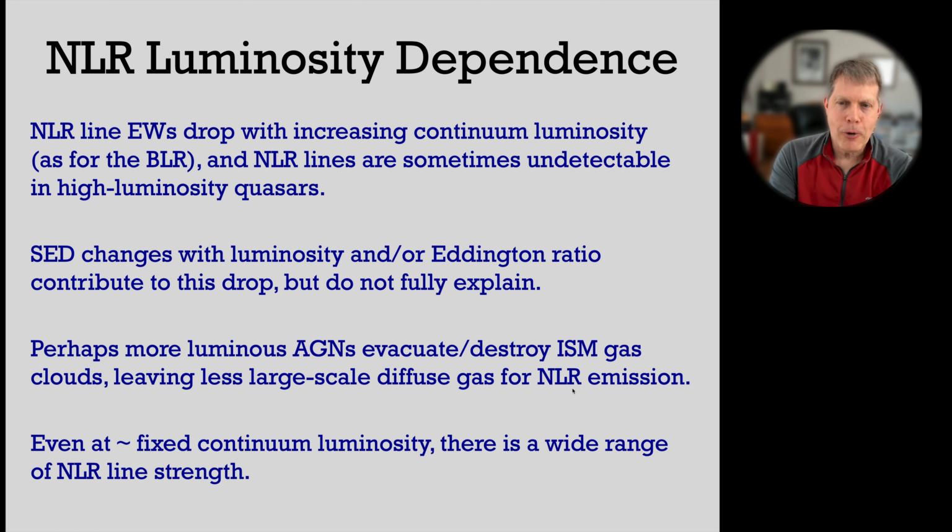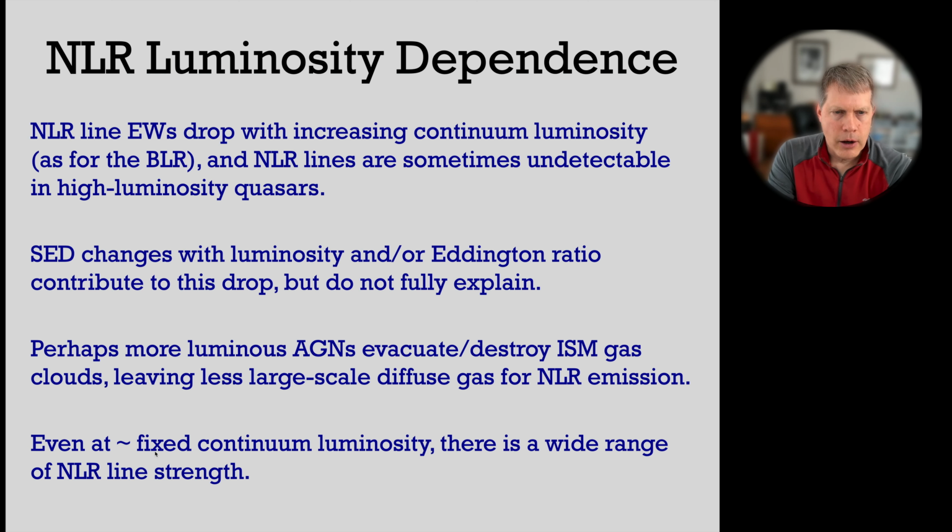So the gas that might have formed the narrow line region, once you dial up the AGN luminosity or the Eddington ratio to become sufficiently large, you may actually evacuate a lot of the gas present that otherwise would have been there producing much of the NLR emission. So the system may tend to evacuate itself. That's a reasonable possibility.